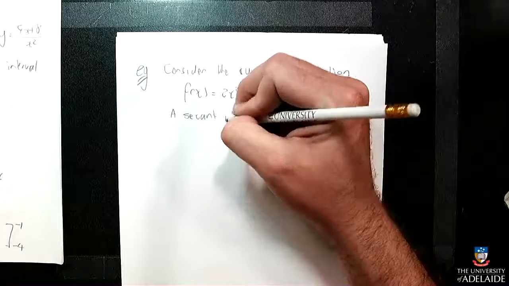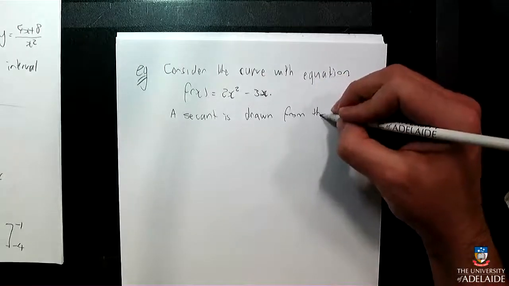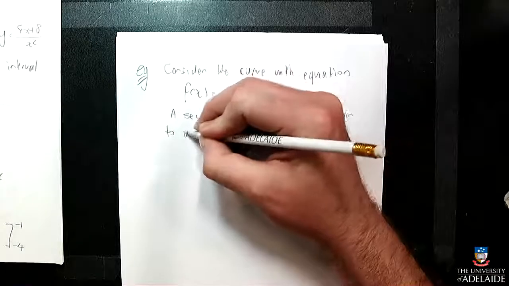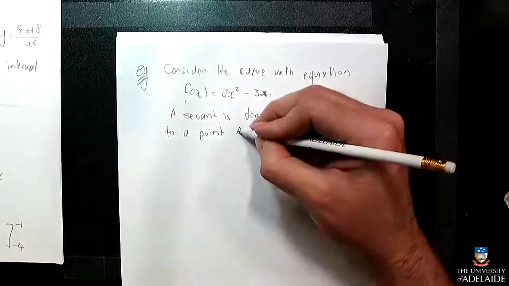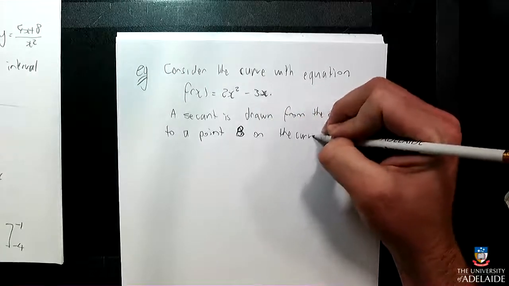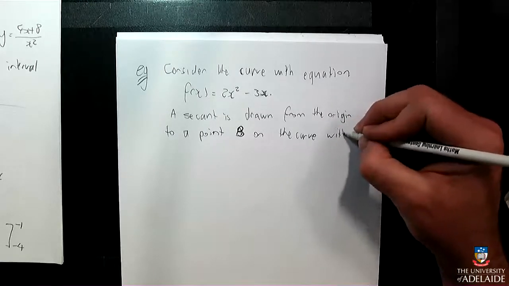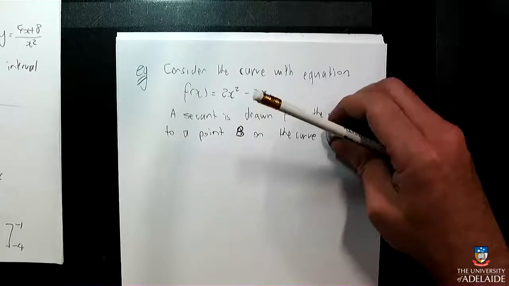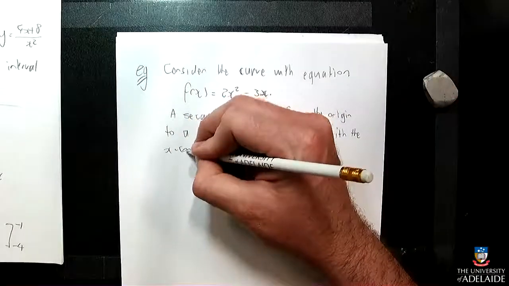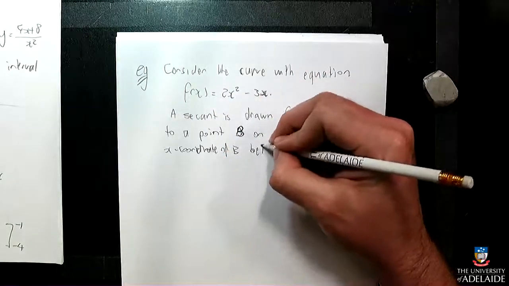Secant from the origin to a point A, I'll call the point B, on the curve, with the x-coordinate of B being positive.